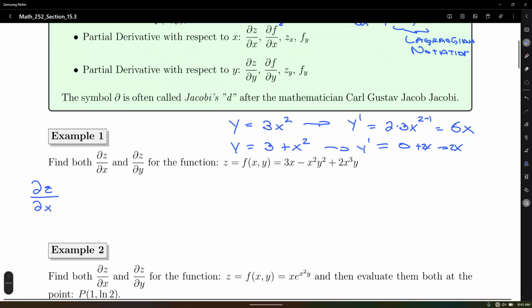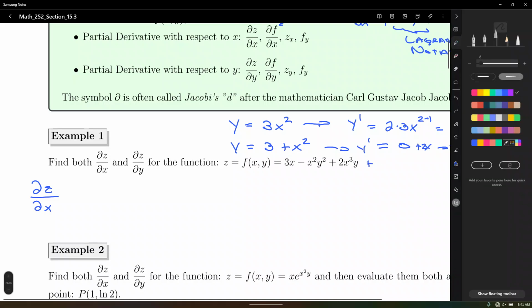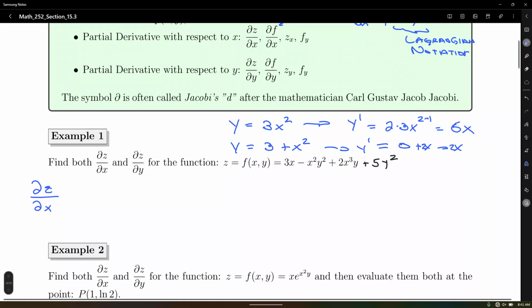All right. So let's differentiate this function with respect to x. Let me add one more term actually, plus 5y squared. So, what is the derivative of 3x with respect to x? 3. Now be careful here.